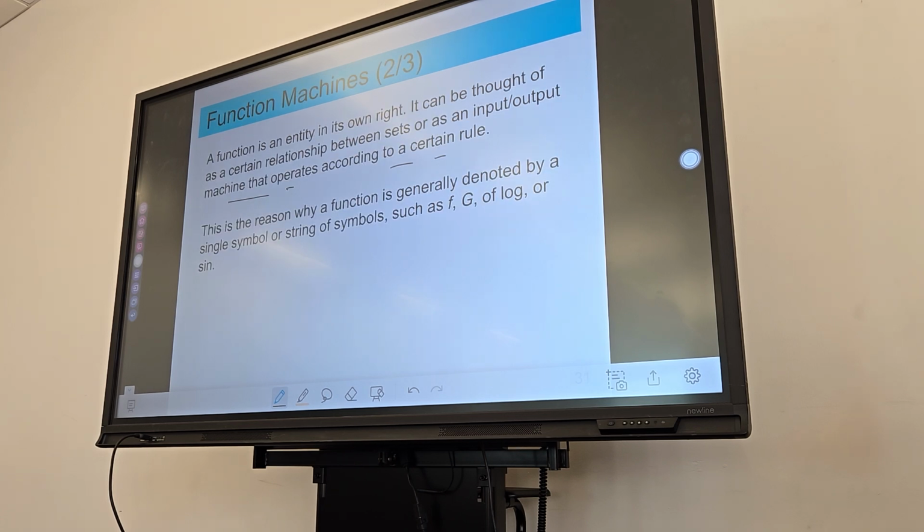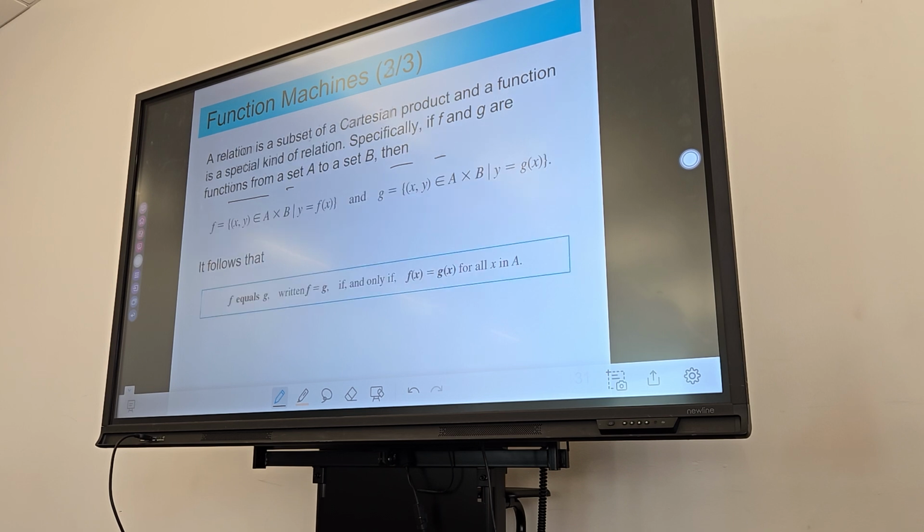A function is an entity in its own right. It can be thought of as a certain relationship between sets or as an input-output machine that operates according to a certain rule. This is why a function is generally denoted by a single symbol or a string of symbols such as f, g, or log, or sine. Like I pointed out earlier, a relation is a subset of a Cartesian product, and a function is a special kind of relation.